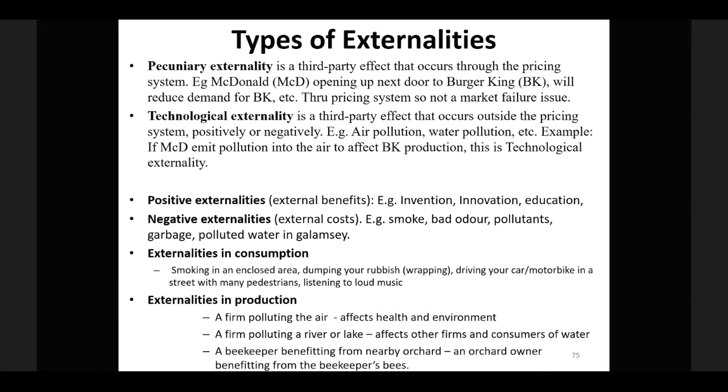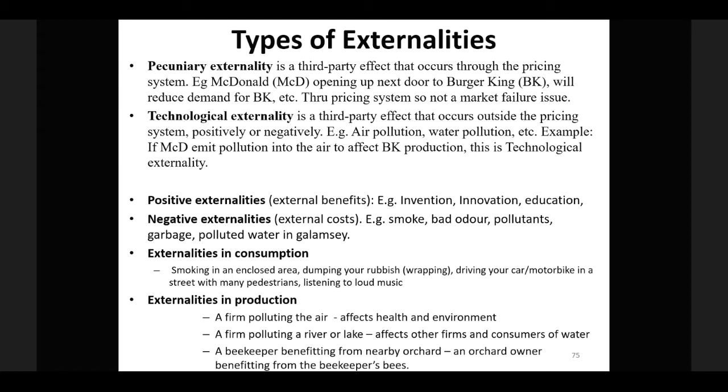In this case, it is not the market mechanism that is determining the effect on Burger King, but it is the emission of pollutants into the air. So we can term this a technological externality, whereas the first one is a pecuniary externality.